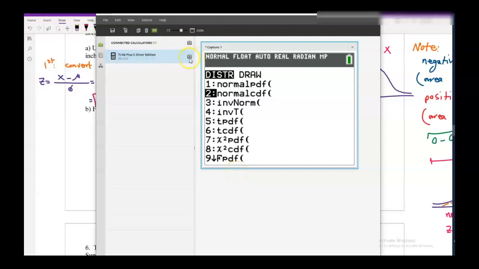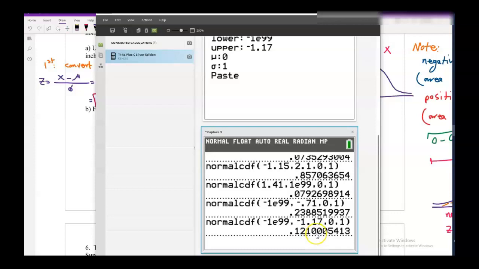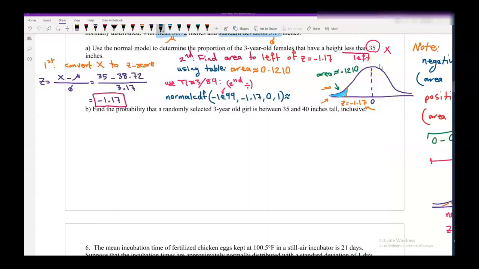Mean is 0, standard deviation 1, then enter. You have to press enter many times until you find the answer. But this is the answer: 0.1210. Since the table rounds to 4 decimal places, I'm doing the same thing in the calculator, rounding the area to 4 decimal places. So again, the answer is 0.1210. We got the same answer. We got the answer using both the table and the TI-83/84.